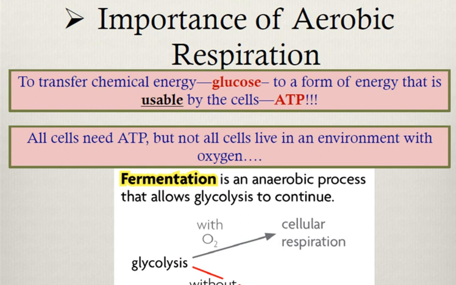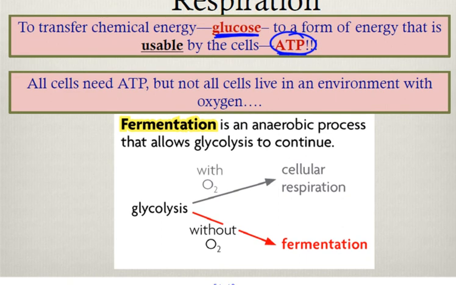So the importance of respiration, well, glucose is a storage. We need usable energy, and that's why we form ATP. Now, the importance of aerobic is just how much it provides. However, if there is no oxygen, we get into anaerobic.